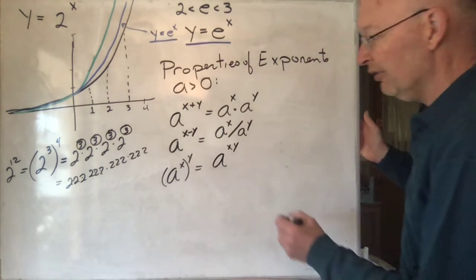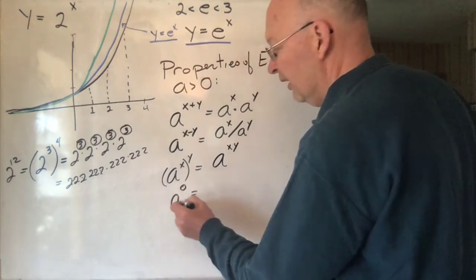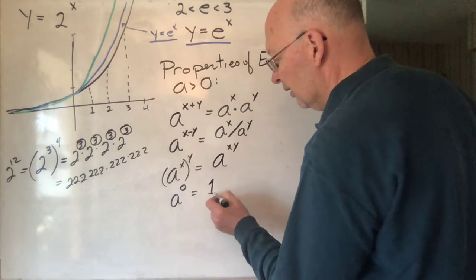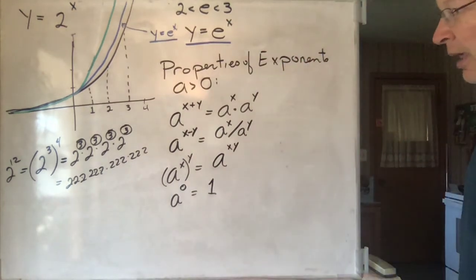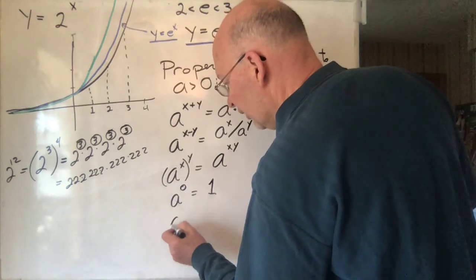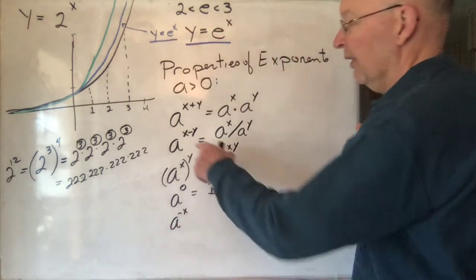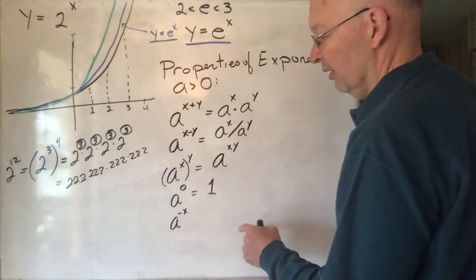Let's see, anything else? I guess maybe it's important to mention, as I did before, that anything to the 0 power is defined to be 1. And I guess, let's see, what else? A to the, just to be specific about it, negative x power, that would be 0 minus x.